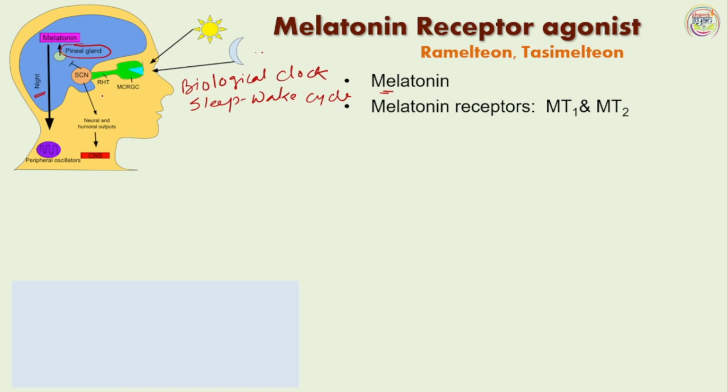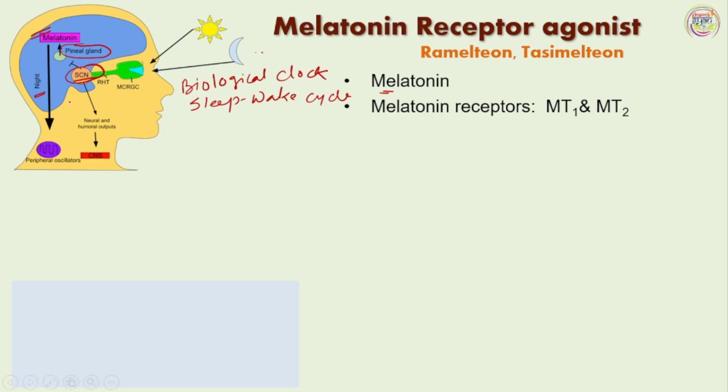Melatonin secretion by the pineal gland has a circadian rhythmicity which is regulated by the suprachiasmatic nucleus, or SCN. This SCN functions as the timing regulator of melatonin.